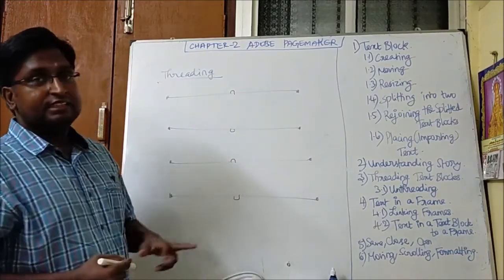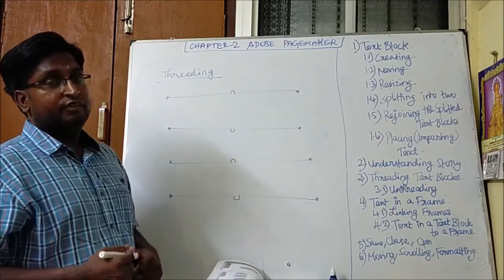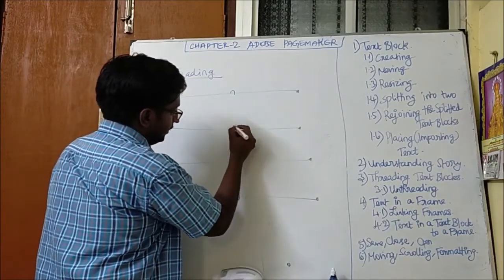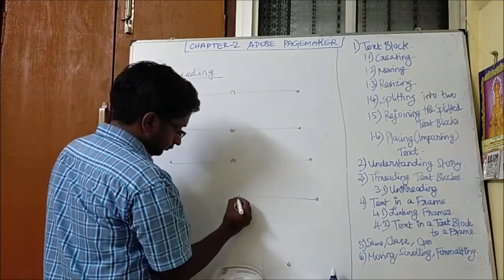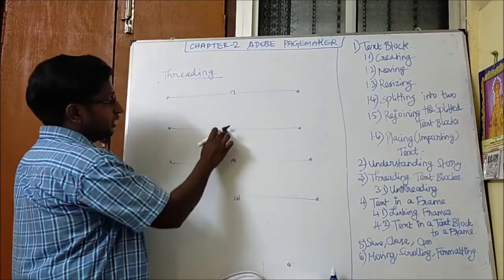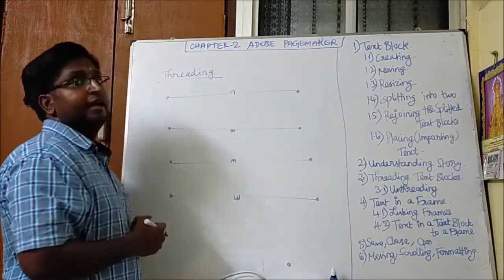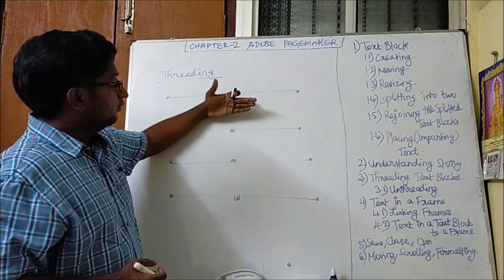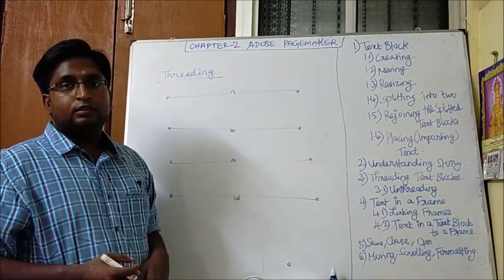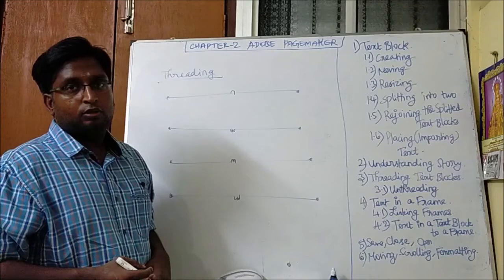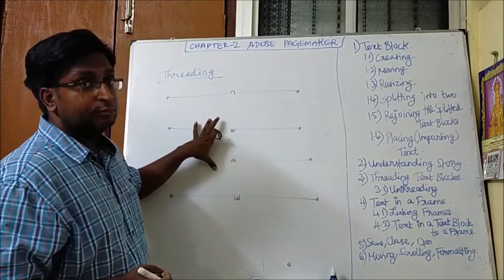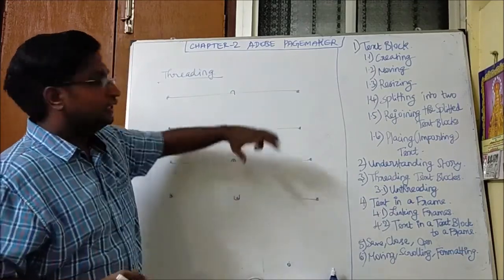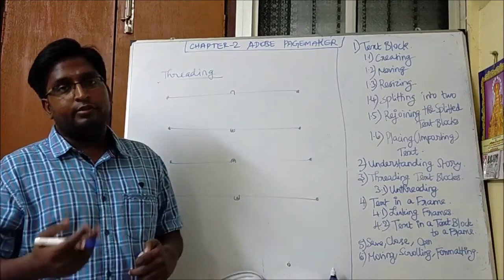If a text block is connected, you will have a plus symbol. It means these two text blocks got connected, so the text inside the first text block will flow to the second text block. Connecting text blocks like this is threading, and the flow of text from one text block to the other is called threading.